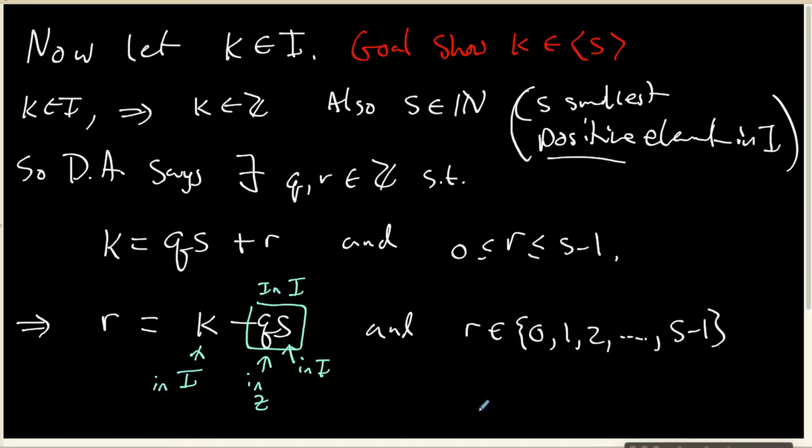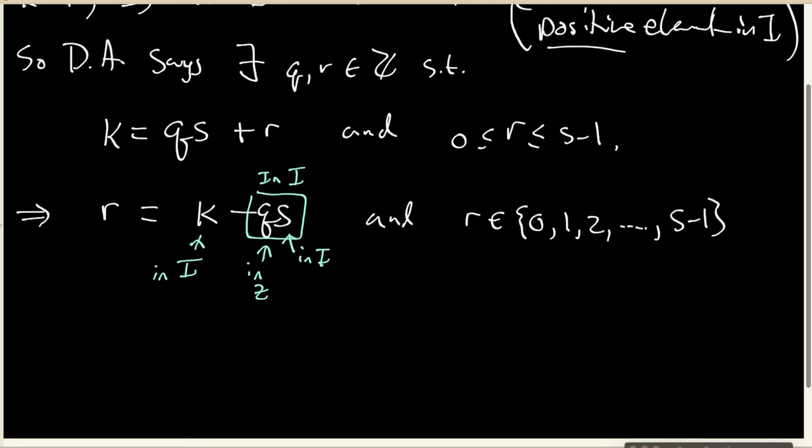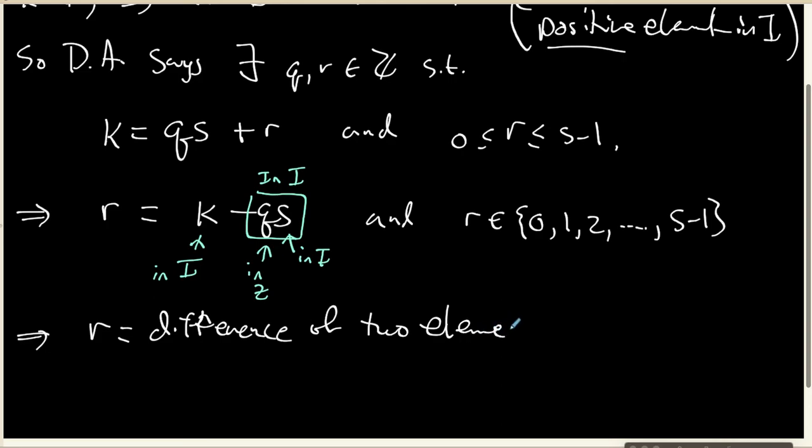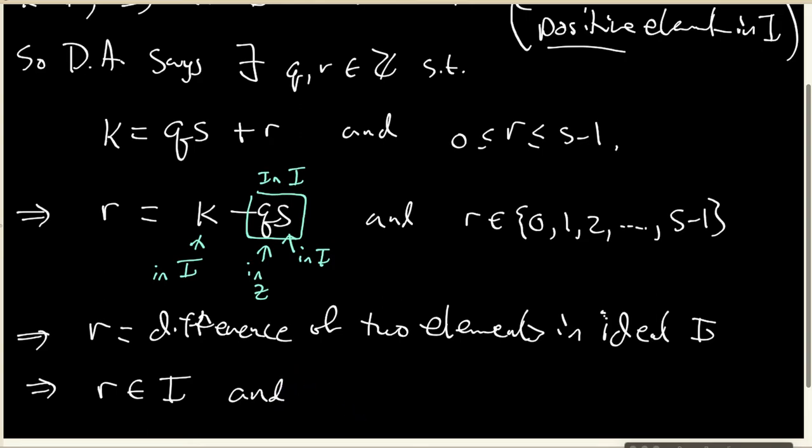So what I now have is that R is the difference of two elements in our ideal I. But ideals are subrings. That's enough to imply that R belongs to I. And of course, remember that R is inside this setup here.